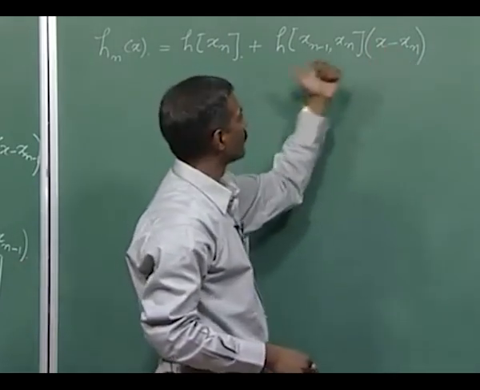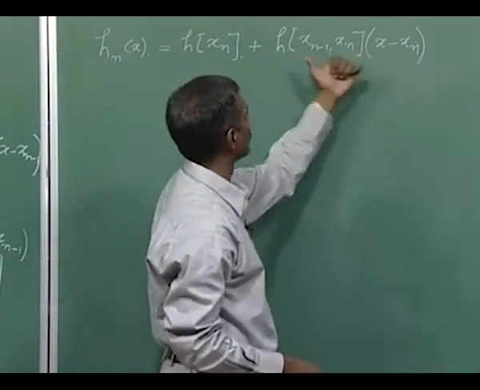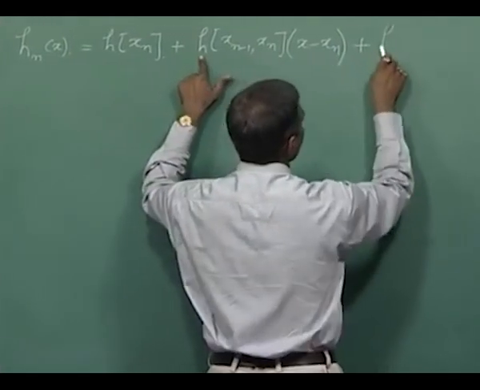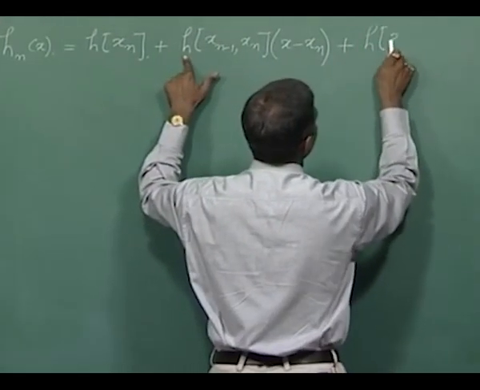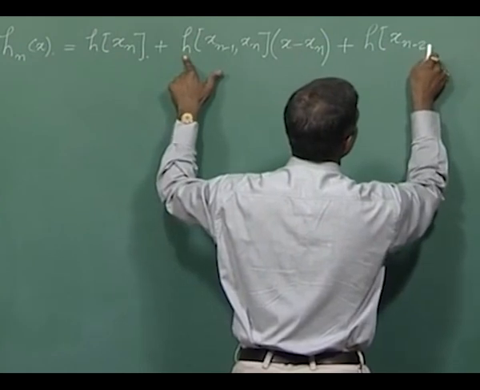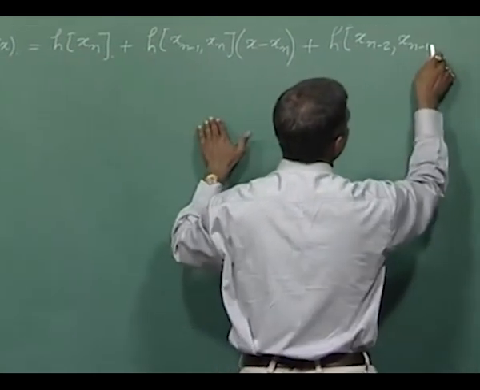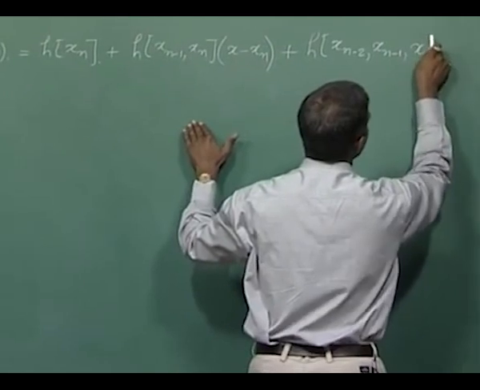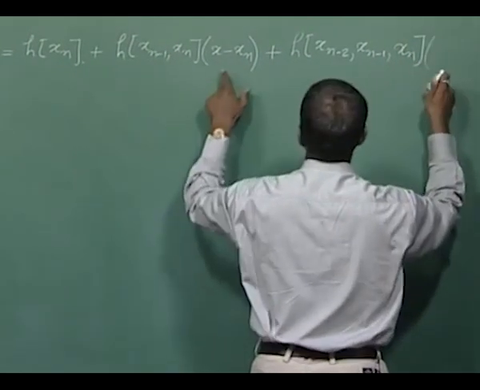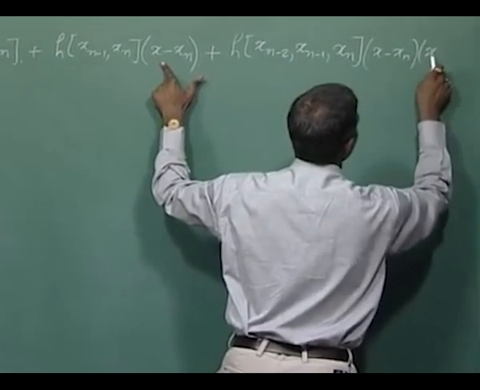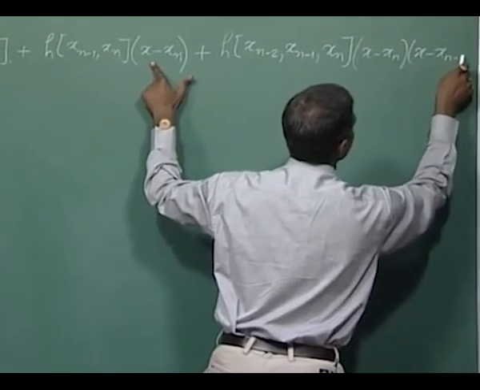Remember again that we are working in the reverse order, plus the third term will be h of xn minus 2, xn minus 1, xn times x minus xn, x minus xn minus 1.